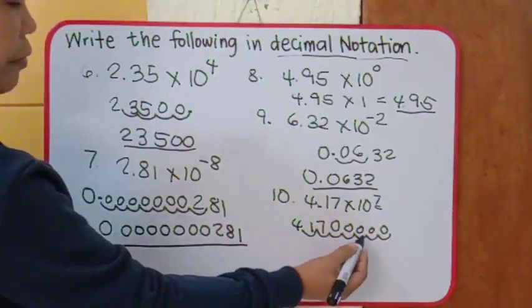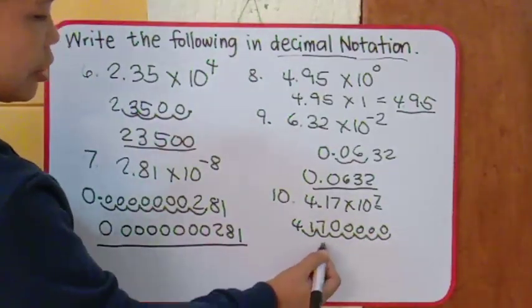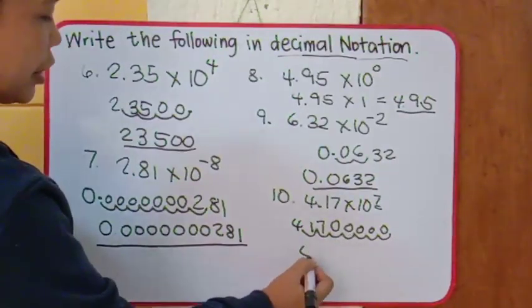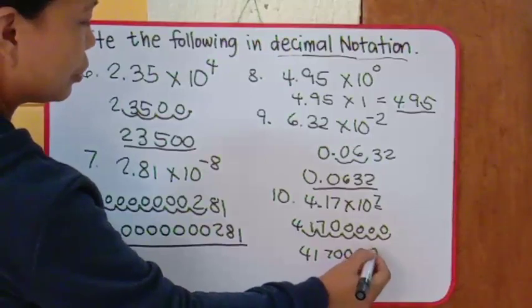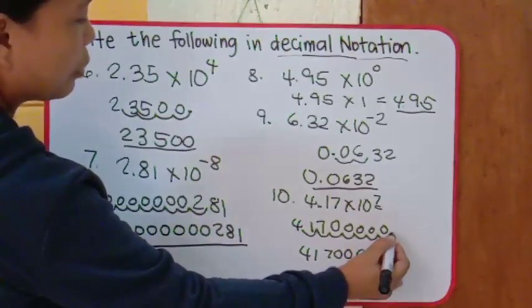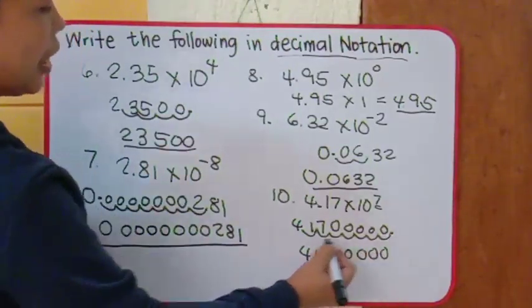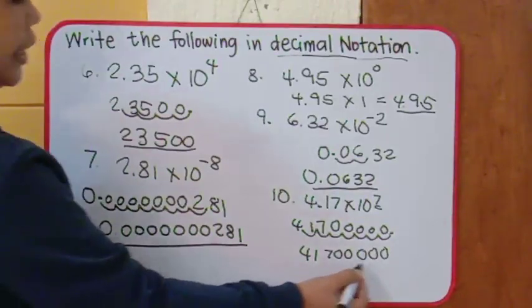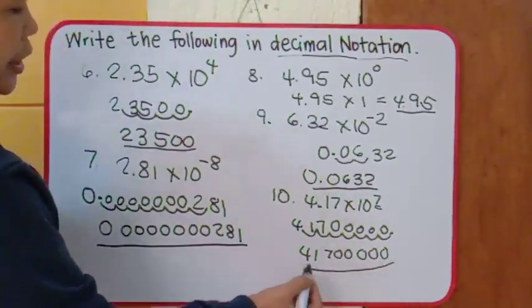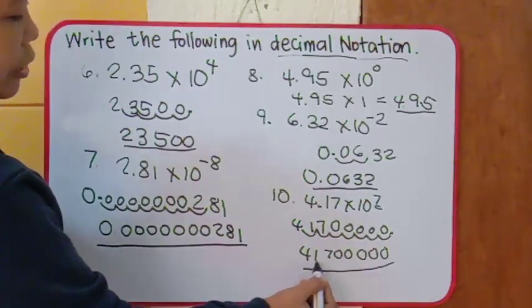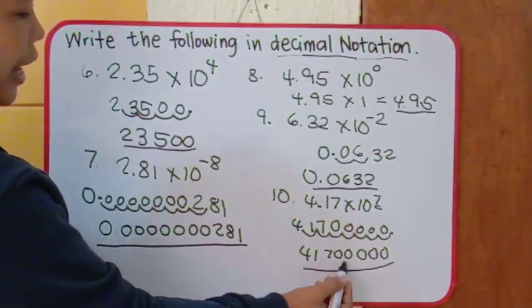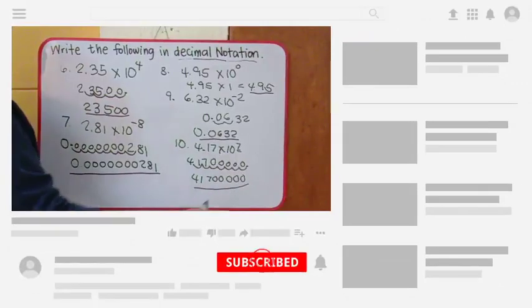Okay, so we have 5 zeros. So the answer will be 41,700,000. So no need to put decimal point here because it's already a whole number. So the final answer we have here for 4.17 times 10 raised to 7 is 41,700,000.